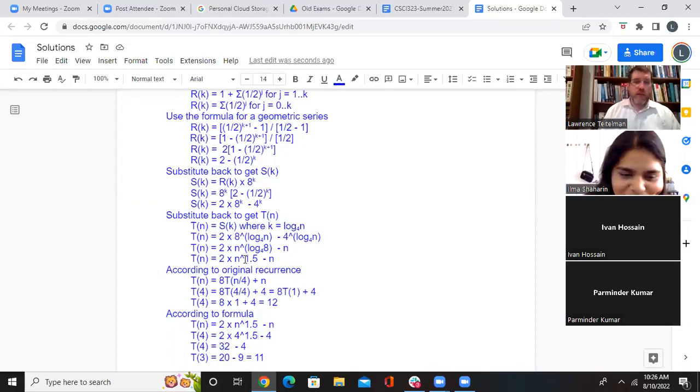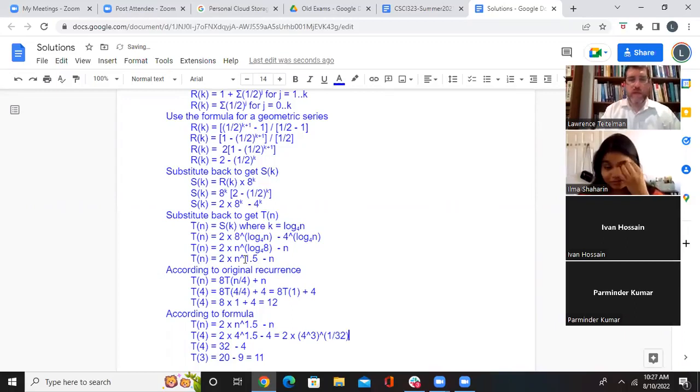Okay, so 4 to the 1.5 is 8. Let's write it out so everyone understands how to do that, because that's not fractional. So that's the same as 4 to the 3 to the half, minus 4.